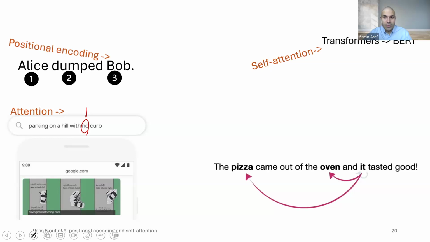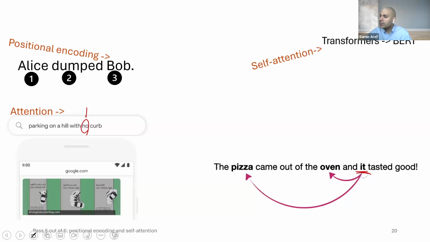All right, and self-attention. Here is an example about self-attention. You can see that for this input, if we want to process it correctly, the model needs to figure out whether the word it refers to oven or pizza.